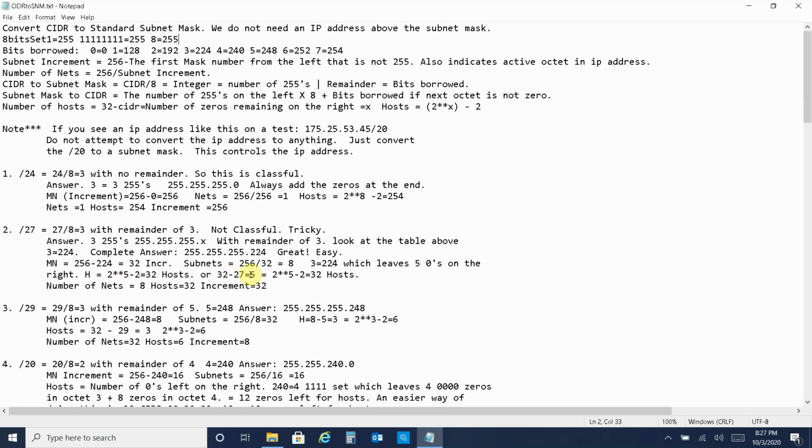So you can basically say 32 minus 27 is going to give us 5 zeros. You can take 32 minus 24, and that will give you the amount of zeros you got left. So in this case, we got 5. It's 2 to the 5th minus 2 hosts. Okay.